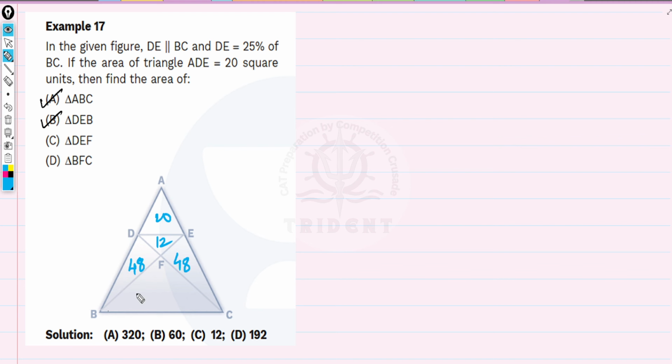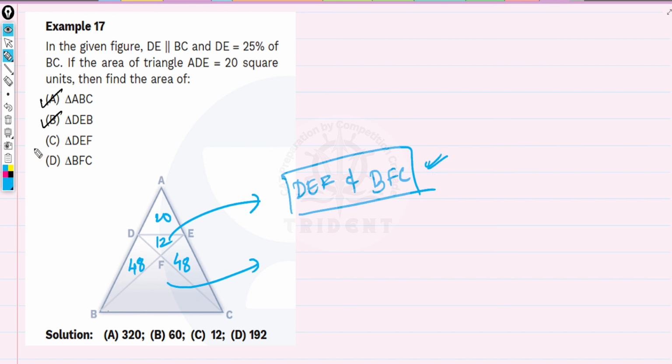Now to find out BFC, all you can do is add all the numbers and subtract from 320, or you can do something else, which is, if I know this area, and because again DEF and BFC are also similar, I can use the property of similar triangles, that area of DEF upon area of BFC will be, again understand, 1/4 the whole square, that is 1 upon 16.